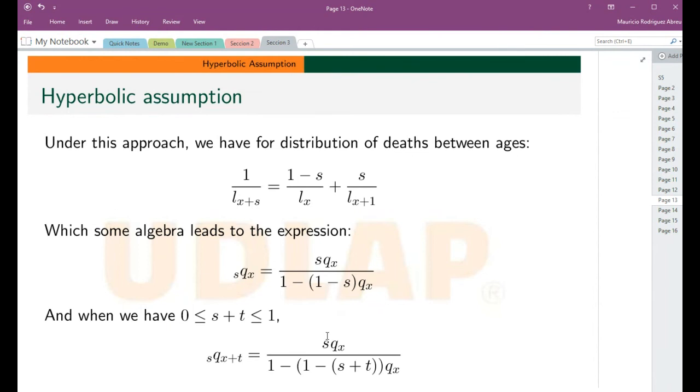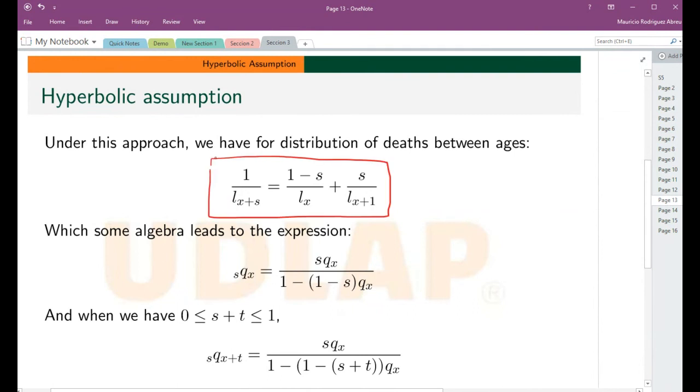I am not going to develop everything, but this is the main assumption that we have. And as you can see, it kind of looks like the equation for the hyperbola. Is that the way to pronounce that? Whatever. The hyperbolic function in your geometry class. So that is the reason this receives that name.